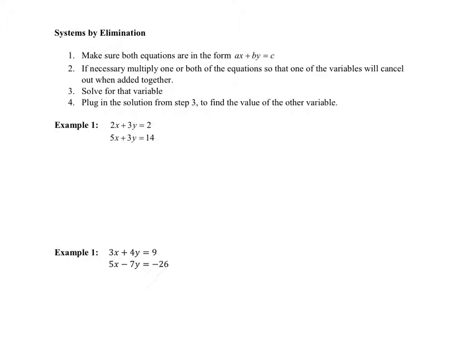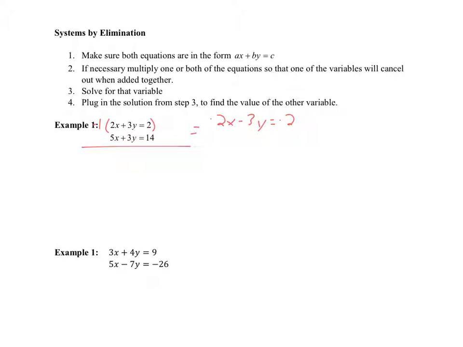First problem. It looks like I have a 3y and a 3y. So the easy way of solving this problem would be to multiply by -1. We're going to multiply this first equation by -1, and that's going to give us -2x minus 3y equals -2.